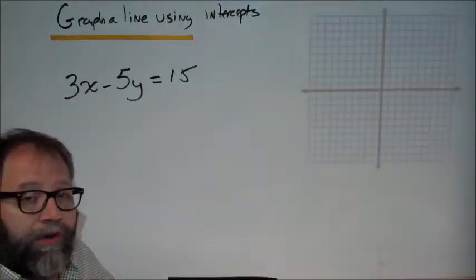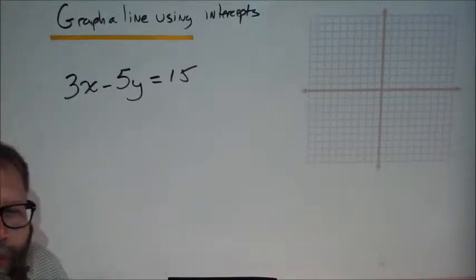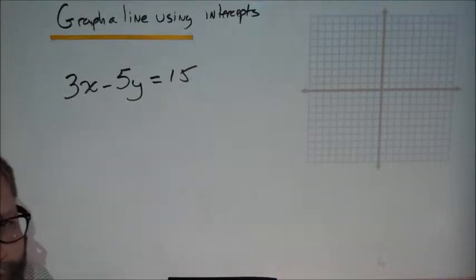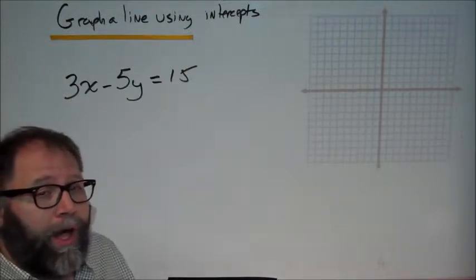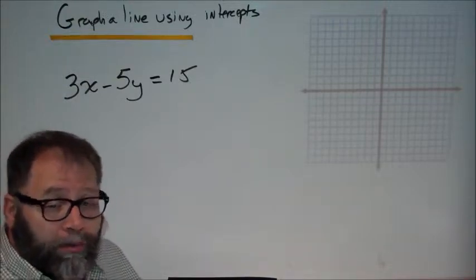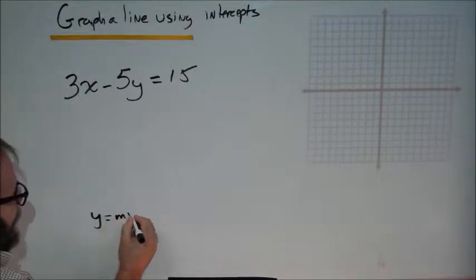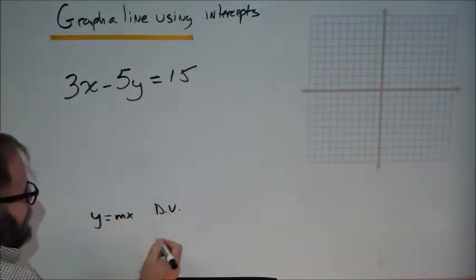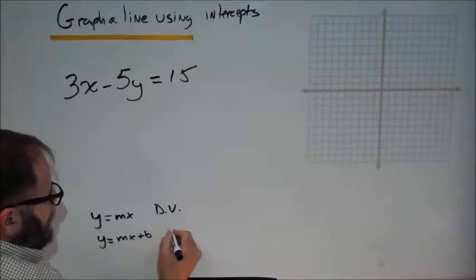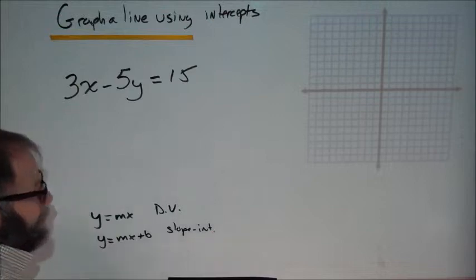Success. Here's another linear equation, but this one's not in slope-intercept form. So we can convert it into slope-intercept form if we want, but the truth is this is a different kind of form. So what we know so far is that y equals mx is direct variation. We know that y equals mx plus b is slope-intercept form, right?